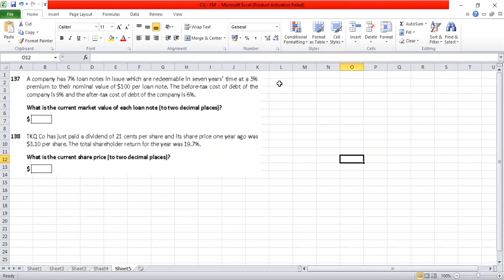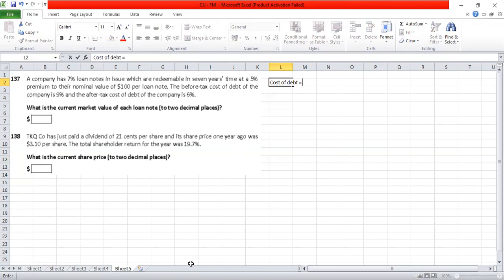What is the cost of debt formula? What is the interest rate?